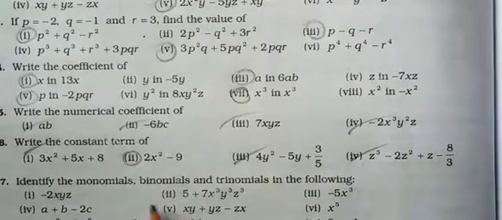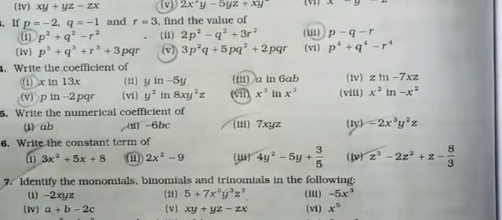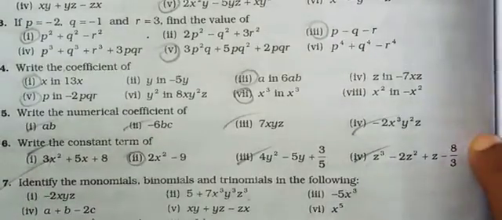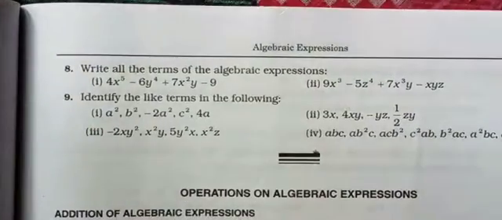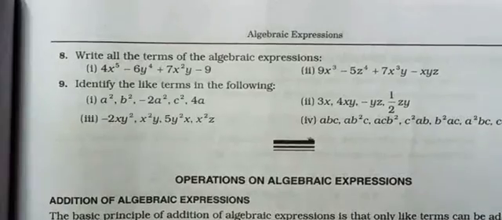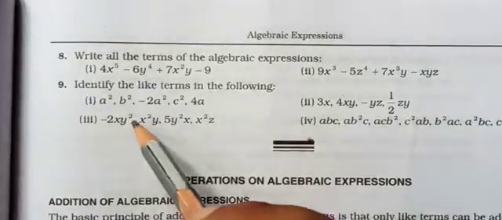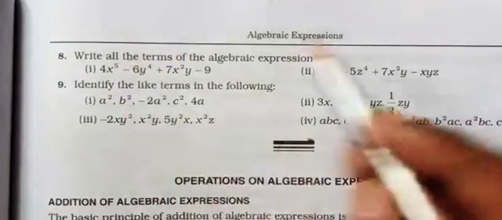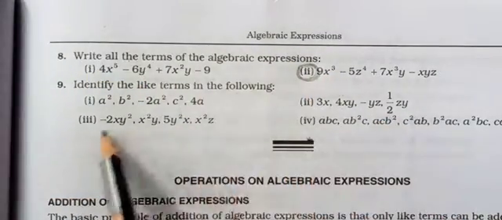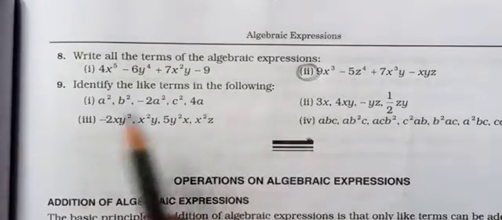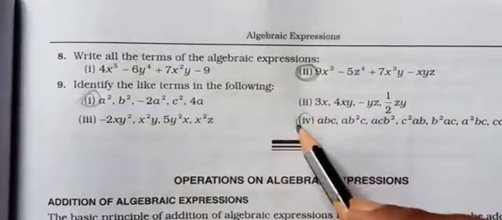From 7, all. From 8, you have to do this, you have to write the terms. And from 9 you have to do 1 and 4.